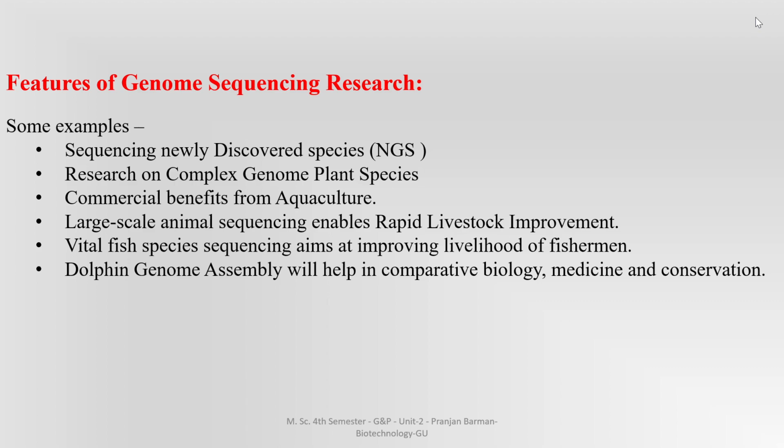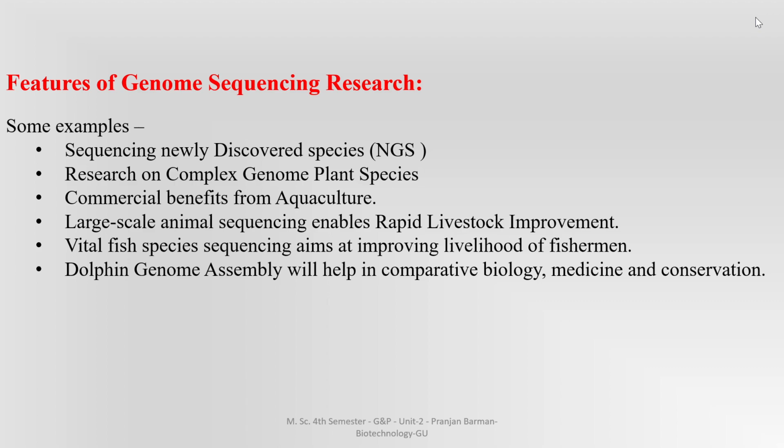By comparing the genome sequence, even a partial genome sequence of a newly discovered species, with an already existing near organism, you can establish whether you have discovered a new species or it's already a variety or a type of an existing species.